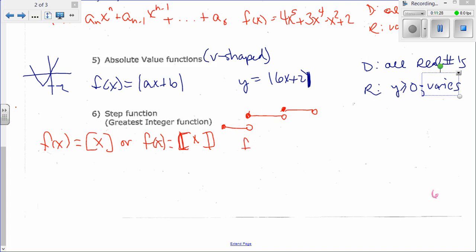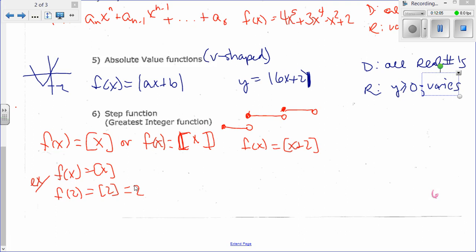An example would be f of x equals the brackets x plus 2. And what it actually means is, if I have a function and it is just x, greatest integer function x, if I put in 2 for x, the greatest integer that is not more than 2 is 2.